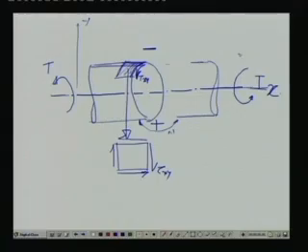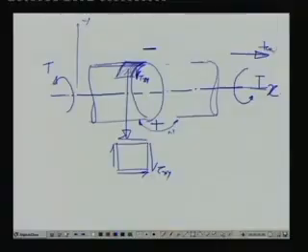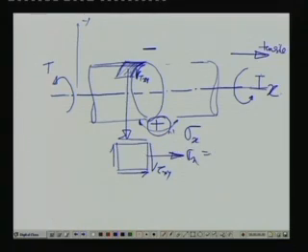So, if the axial load is tensile in nature, this is a tensile load, then you will be having maximum sigma x in the direction of x, that is sigma x will be the sum of the bending stress plus this tensile stress, sigma x.